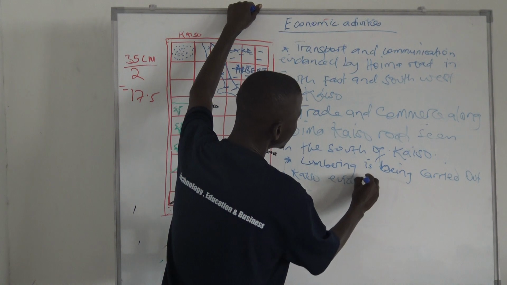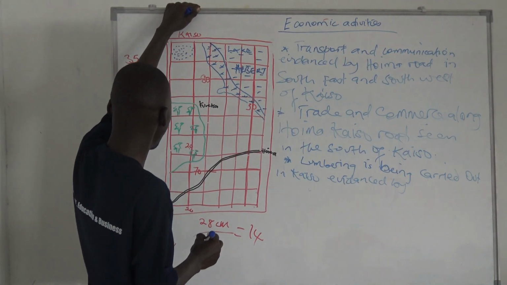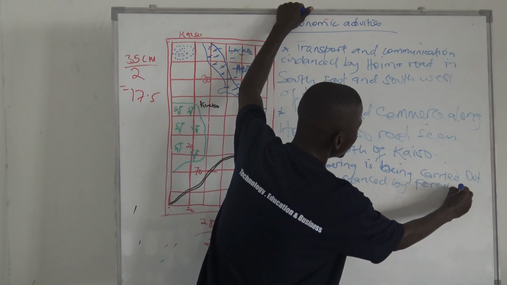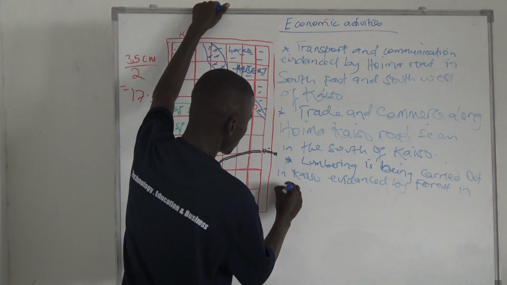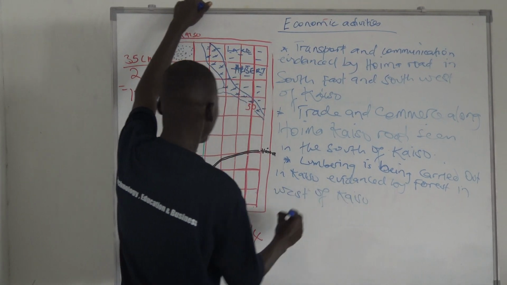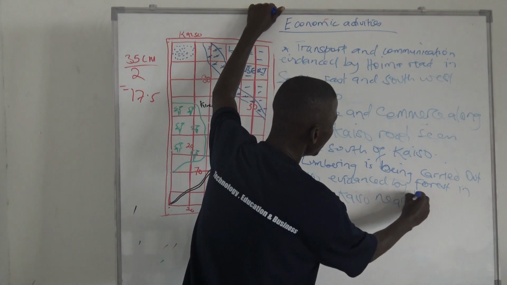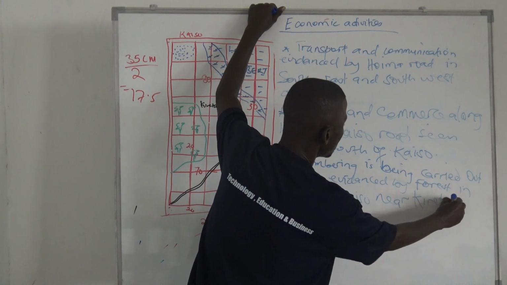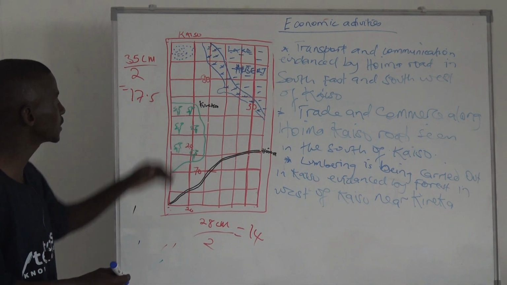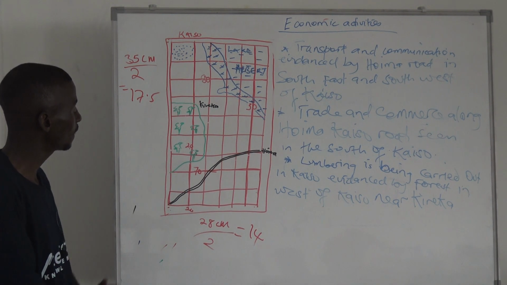Evidenced by what? Evidenced by a large forest in the west of KAISO near Kireka. So we are referring to this as another type of economic activity.